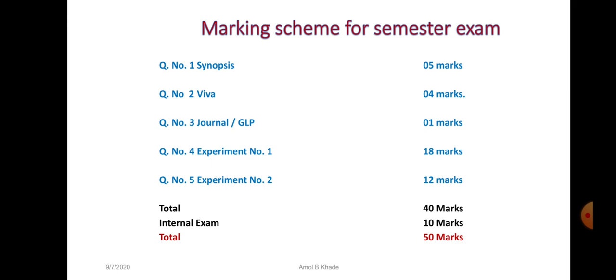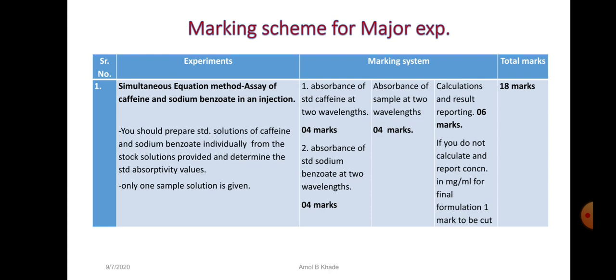So altogether, out of 50 marks, you have to score marks in the practical exam. Now, discussing the major experiment marks distribution, first is the simultaneous equation method, assay of caffeine and sodium benzoate in an injection.